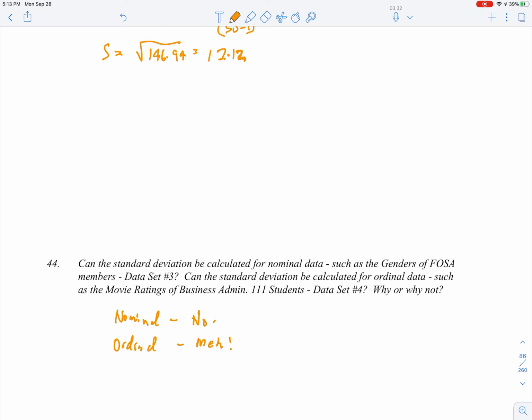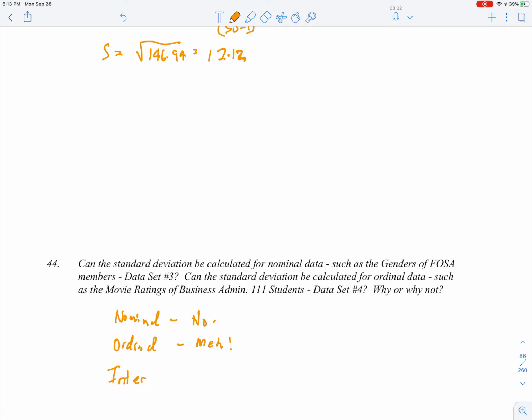So for instance, with IMDb ratings, they'll say this movie is rated as a 6.6 or something. And that's because we don't know the differences between the numbers, and my 6 is different from your 6, and all that kind of stuff. And so you can only do it really for ordinal data. So you could calculate it here, but you have to take it with a grain of salt.